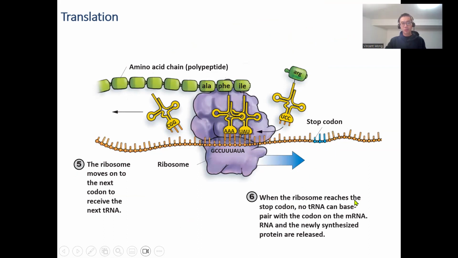When the ribosome reaches the stop codon, no tRNA can base pair with the codon, and then the whole thing stops. That's the cue for the ribosome to finish its job and release the RNA, release the protein, and then we are done. That's all.